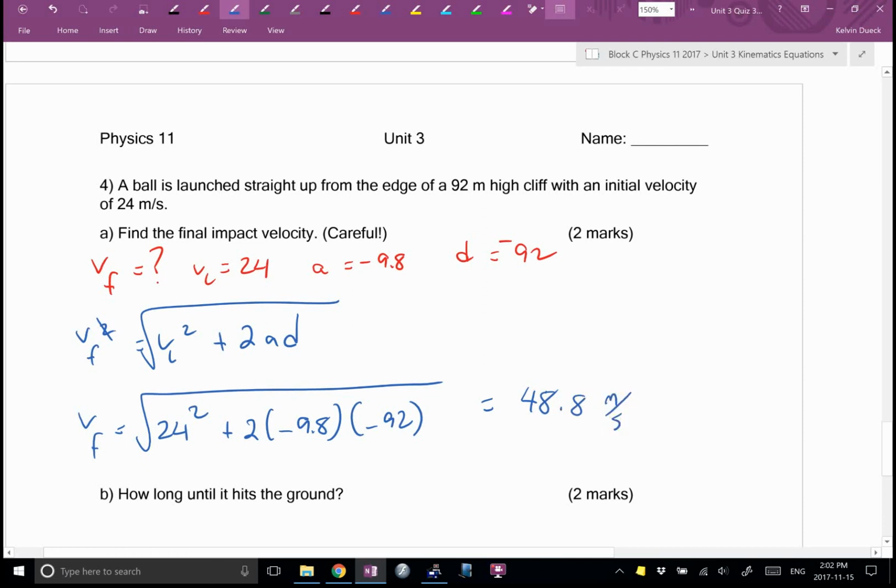Why must that be wrong? This is also, Emma, the second part of the careful. Why must this be wrong? Because it is wrong. Why must it be wrong? Yeah. Because you have to use it in the next part. Nope. It needs to be negative because when we're traveling into the ground, which way are we traveling?